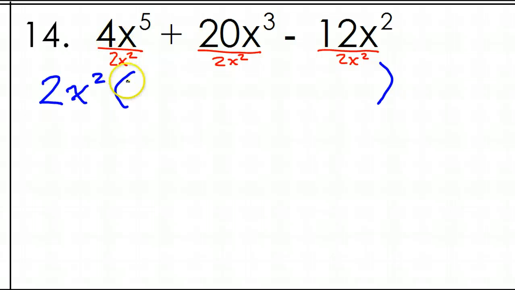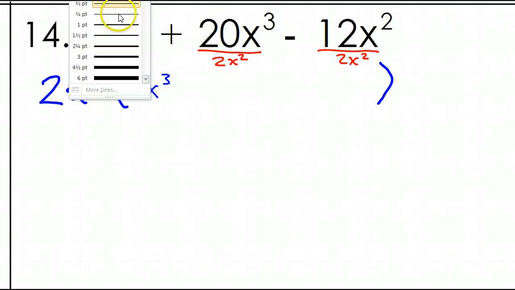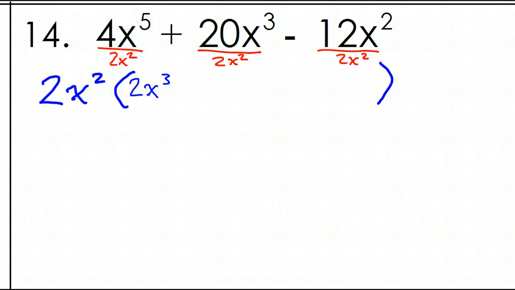Okay, so this is going to give us 2x to the third power. Go back up a size. Alright, it's going to give us 2x to the third power, and this will give us 10x.